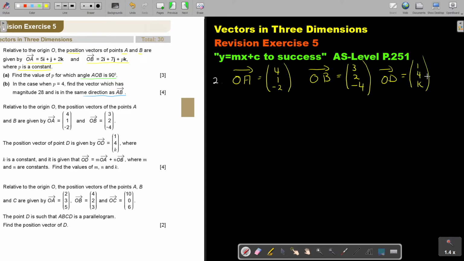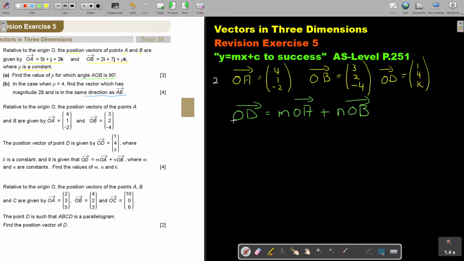Now, let's start with the statement they gave me. They gave me this statement, OD equals m OA plus n OB. Let me make that arrow a little bit shorter.